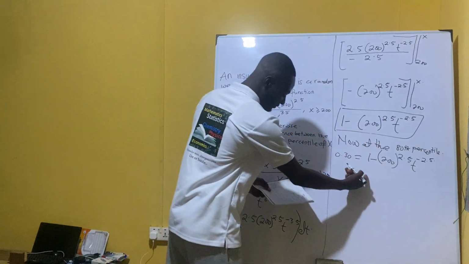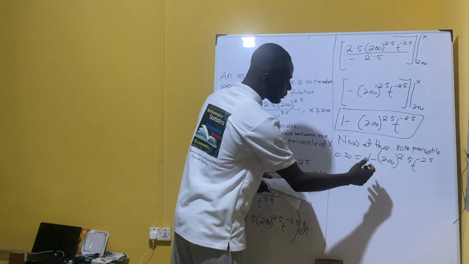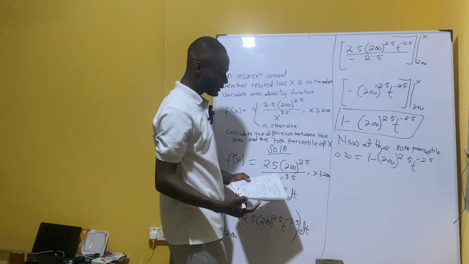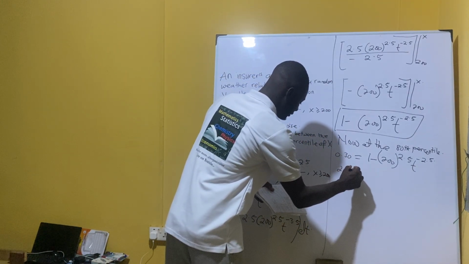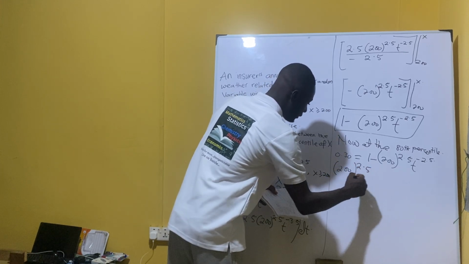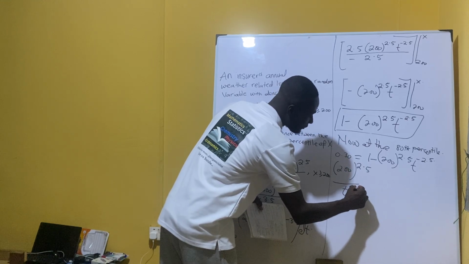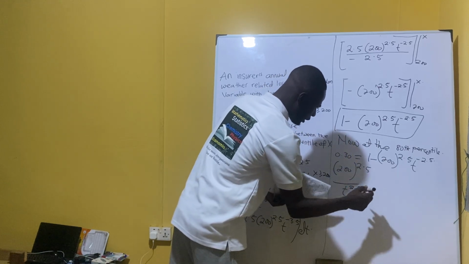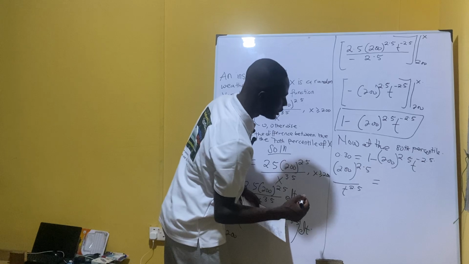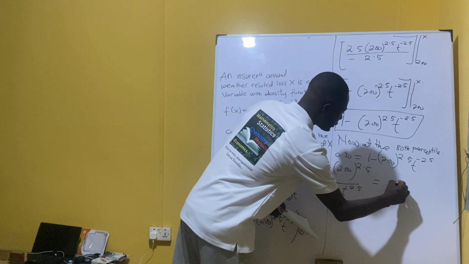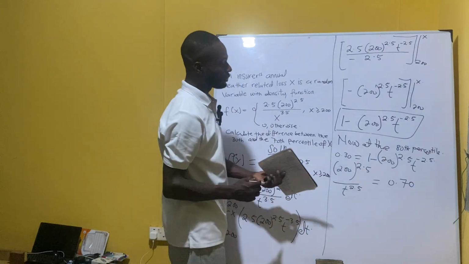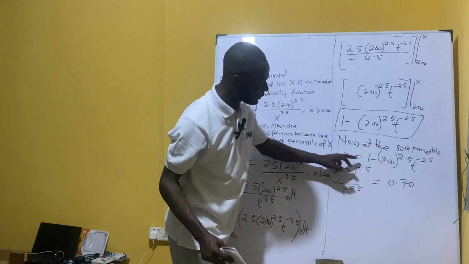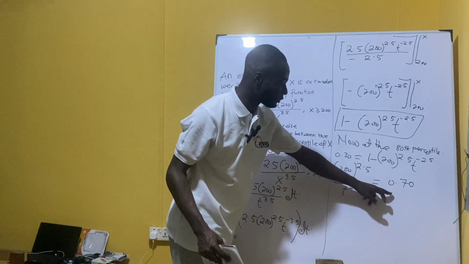When we simplify this very well, we can bring this t power negative 2.5 down to have 200 power 2.5 all over t power 2.5 should be equal to 0.7, because when we send the 0.3 to this side, it's going to be 1 minus 0.3, and that is 0.7.